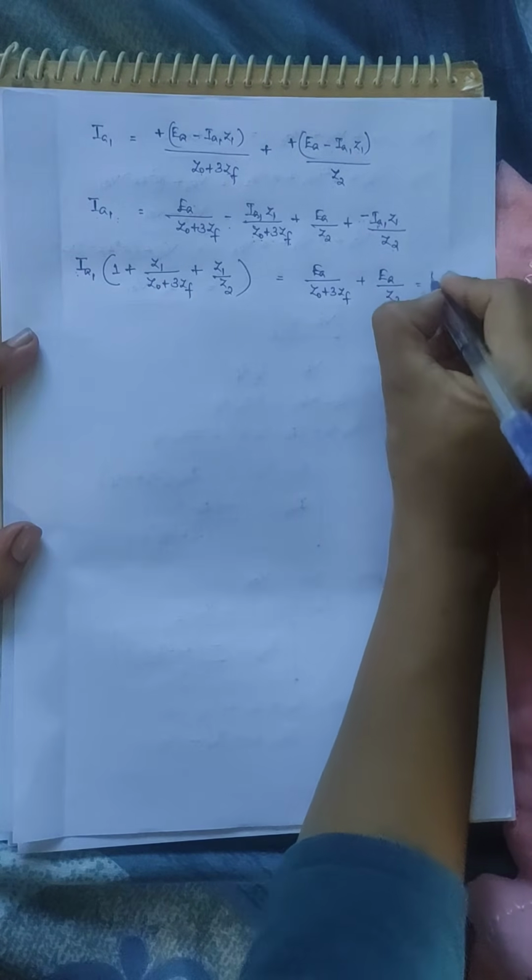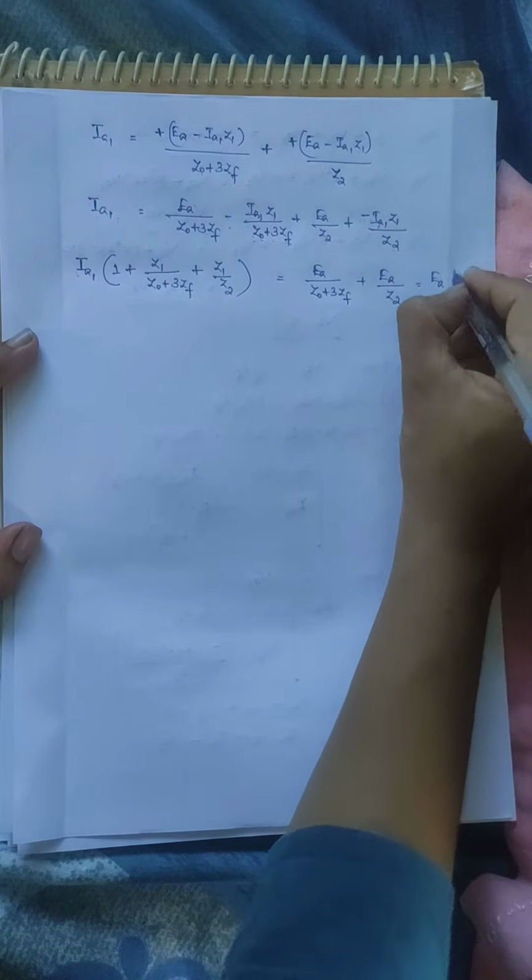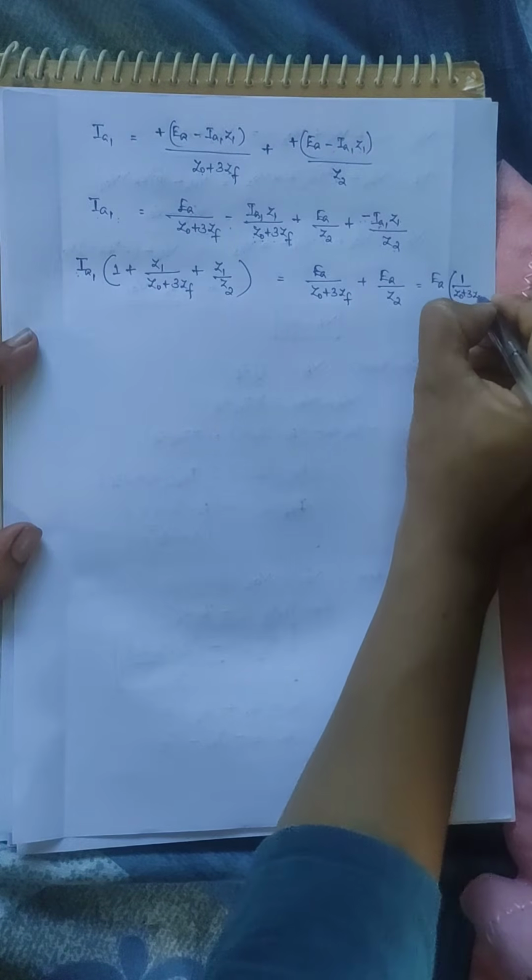Or we can take EA common outside, right hand side will be EA into 1 divided by Z0 plus 3ZF plus 1 divided by Z2.